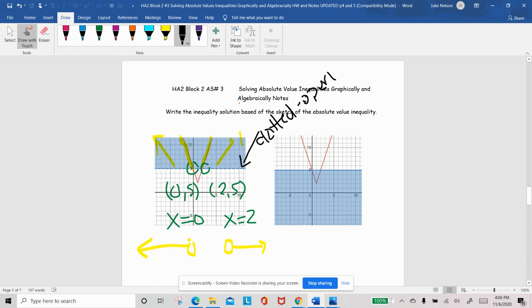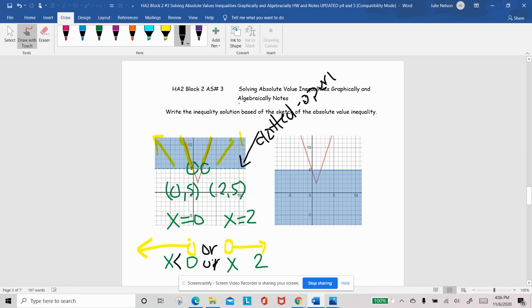And because it's an open circle or dotted line, and they're going away from each other, we're going to use the word or. So I still have x, and I still have 0, and I still have x, and I still have 2 with the word or in between. But now I'm going to make sure that I draw those inequalities. See how on the left I have this yellow open circle pointing to the left?